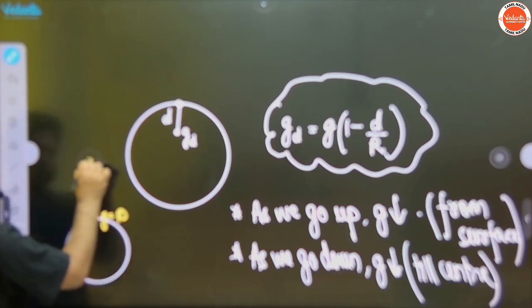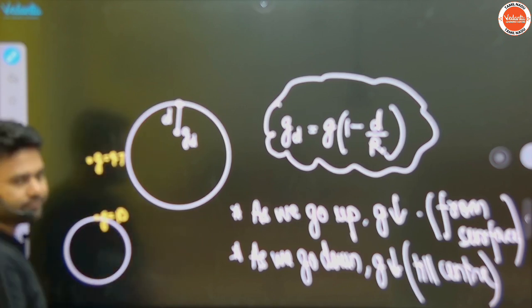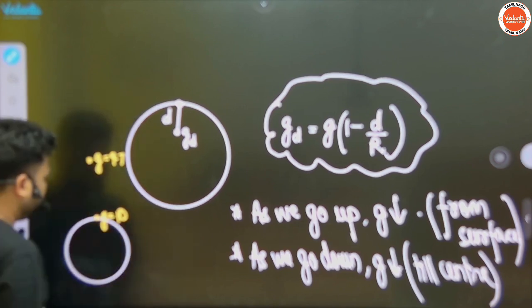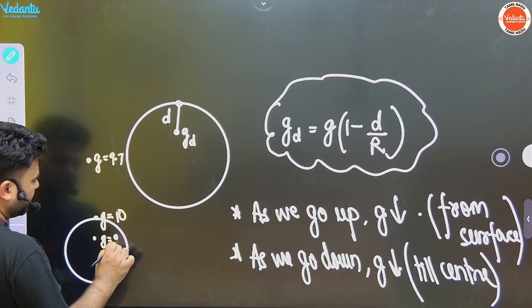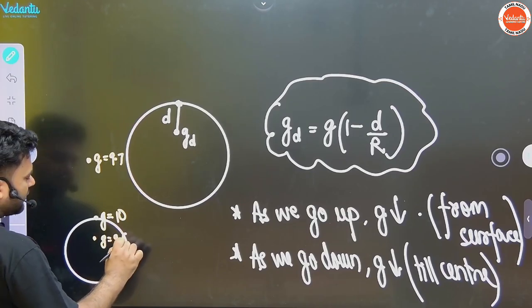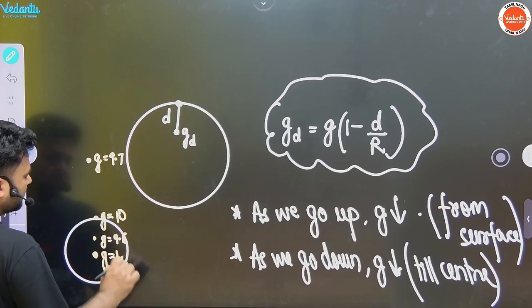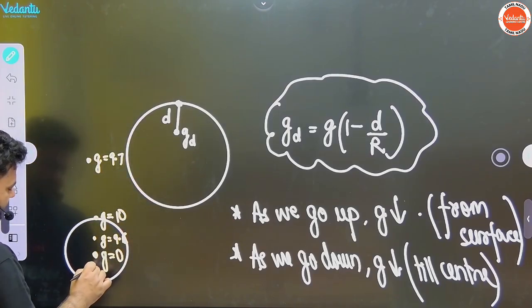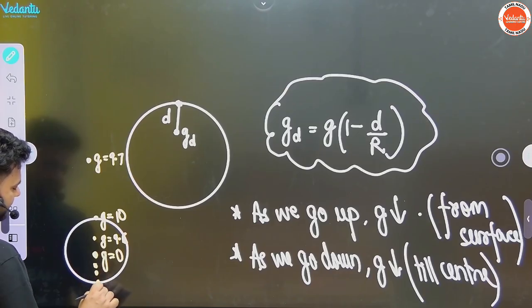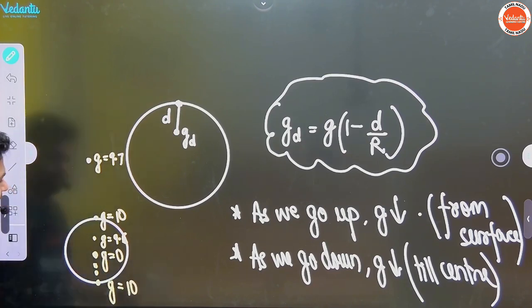If I go up to some height, the g value will be less than 10, say 9.7. Similarly, if I go down, the g value will become, say, 9.6. And at the center of the earth, always remember the g value is 0. Then it will increase again, and at the surface it will be 10. So follow this pattern, very important.